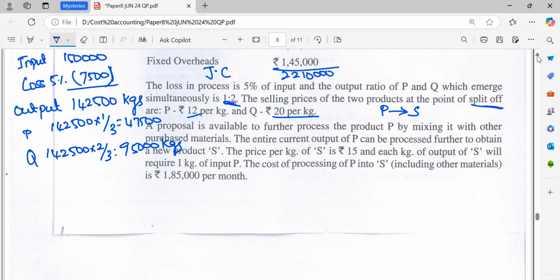Each kg of output of S will require 1 kg of input of P, that is 47,500 kgs. By using this I can produce 47,500 kgs of S, so there is no change in output. The cost of processing P into S, including other materials, is 1,85,000.